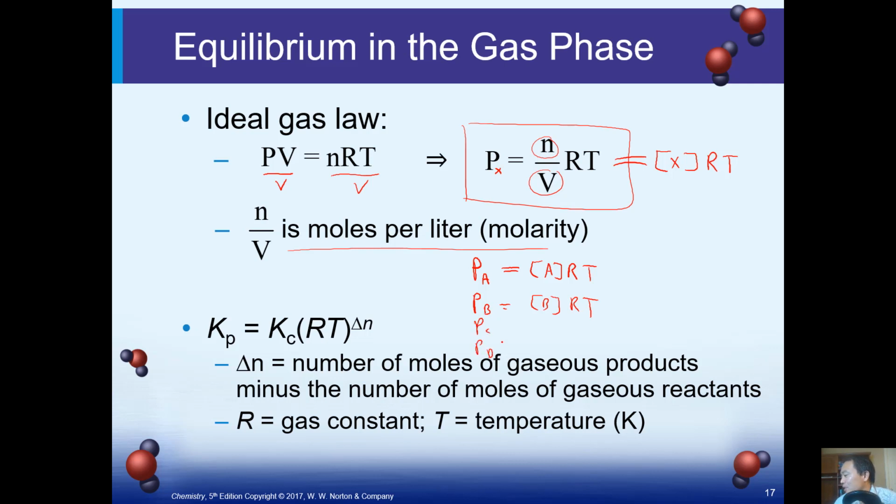PC, PD. If you substitute this into the representation for Kp, let me write the whole thing.